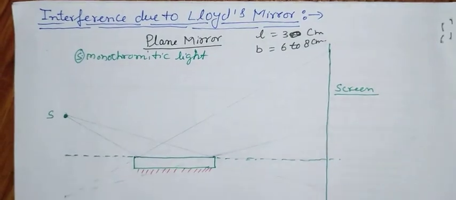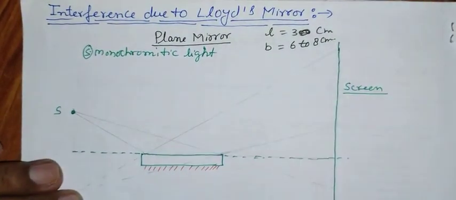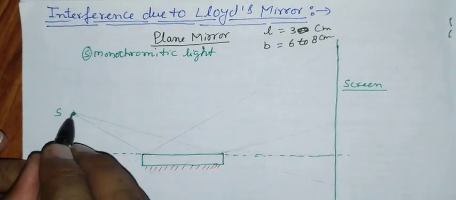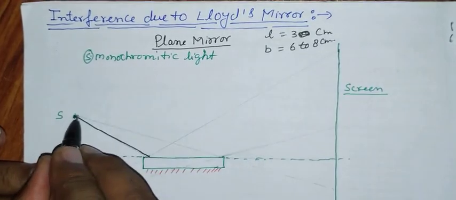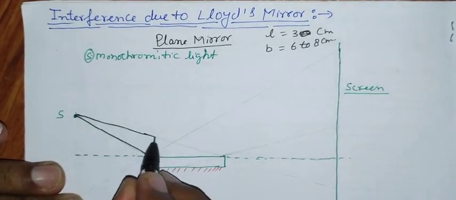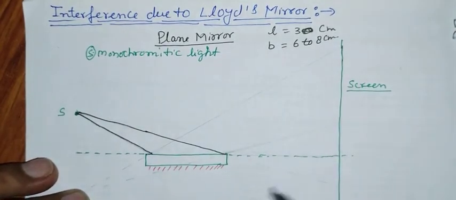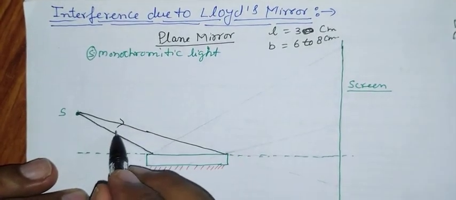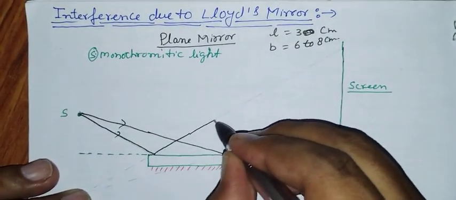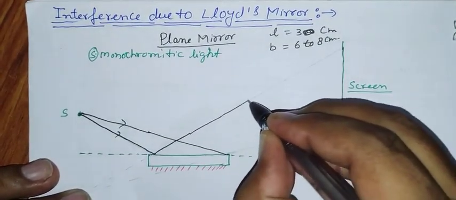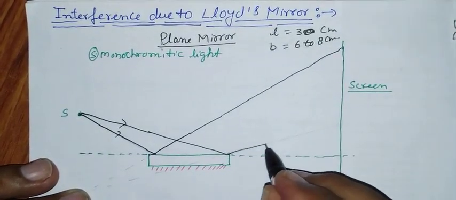Here, let us see the ray of light from this source falling over Lloyd's mirror. From the upper surface of this Lloyd's mirror, this ray of light is reflected in this direction.